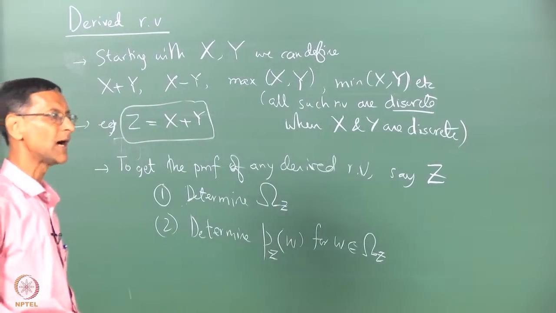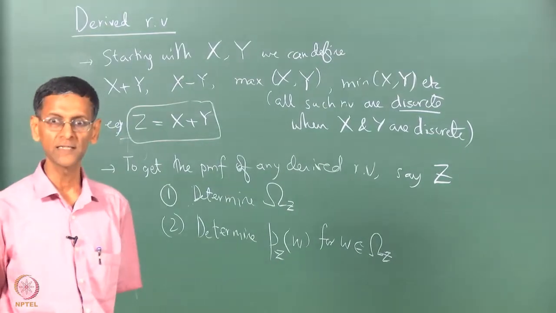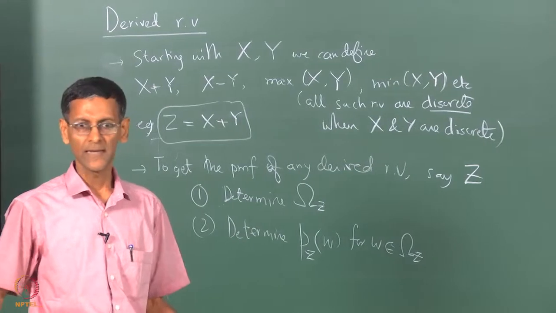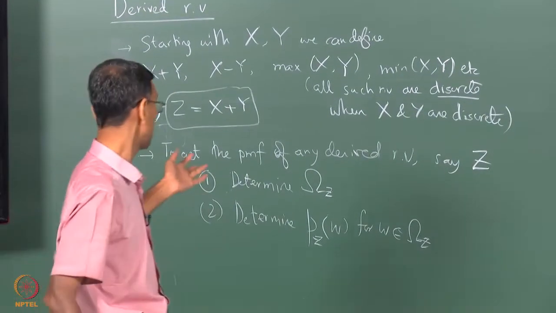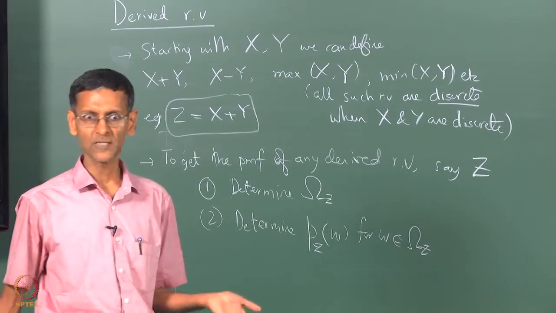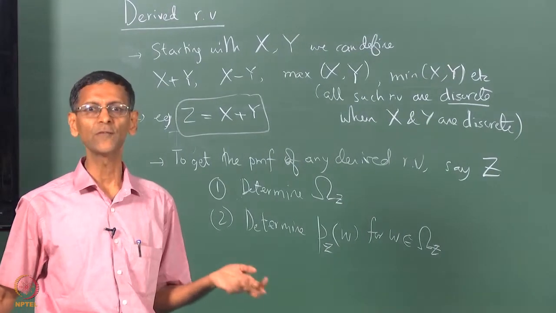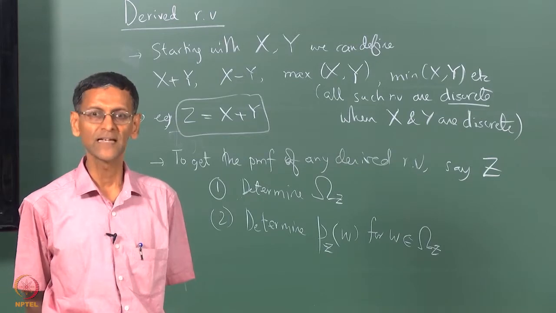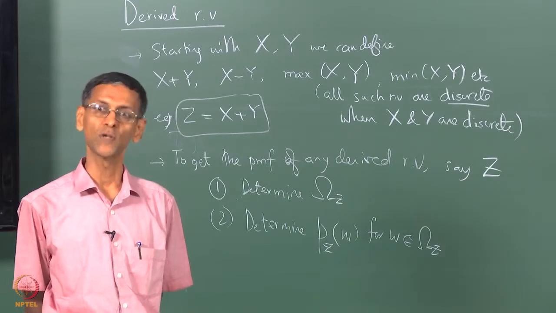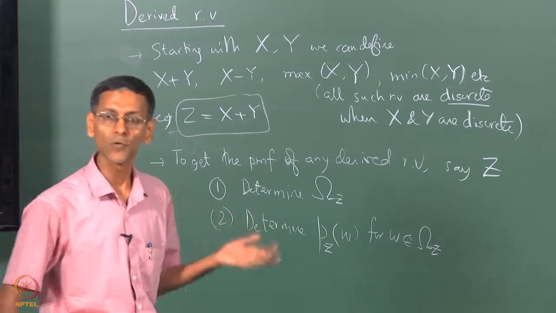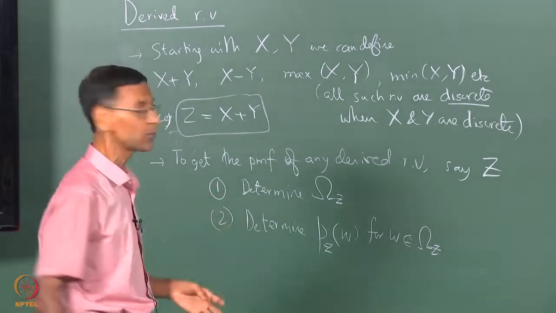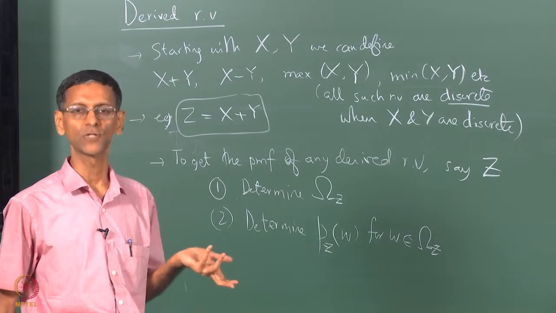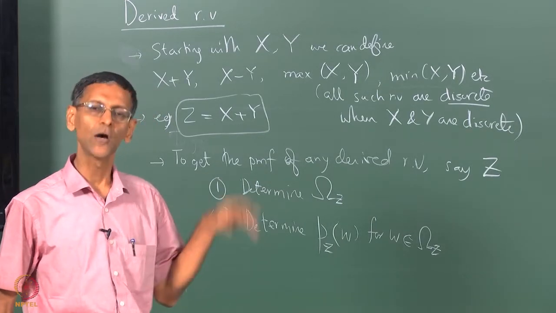For example, if you throw two dice and say z equals x plus y, omega z will be 2 to 12, that is obvious, but any number like 6, 7 or 8 will have lots of combinations of x and y which give you that particular z. 3 and 3 will give you 6, 4 and 2 will also give you 6, 2 and 4 will give 6, etc. All of those probabilities have to be added to get the probability of z being 6 or 7, whatever, and then you can easily verify the convolution result even without going into convolution.